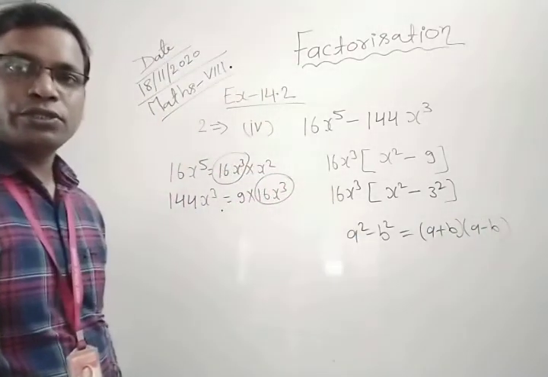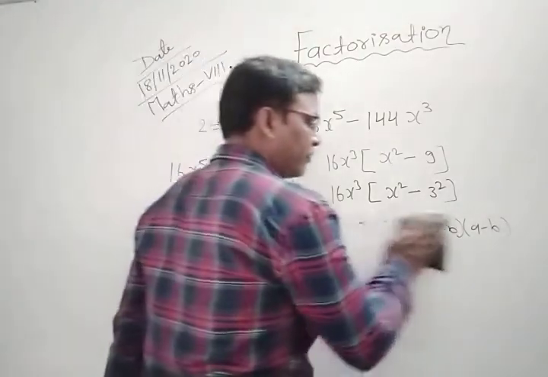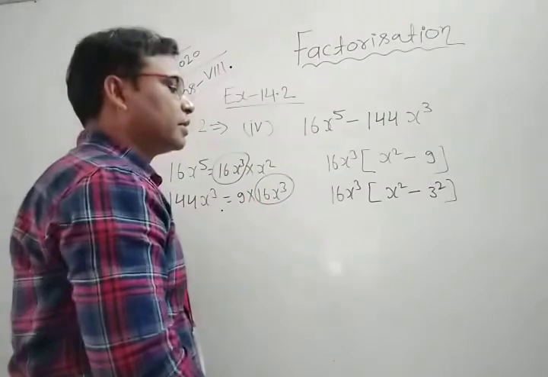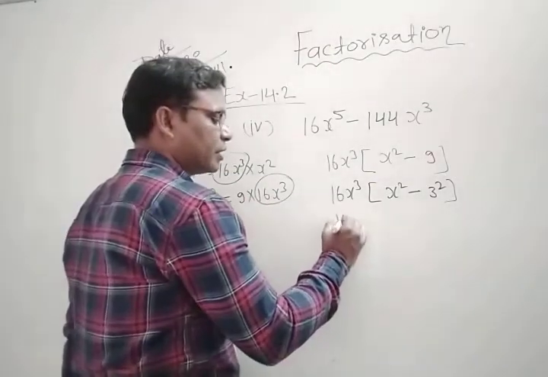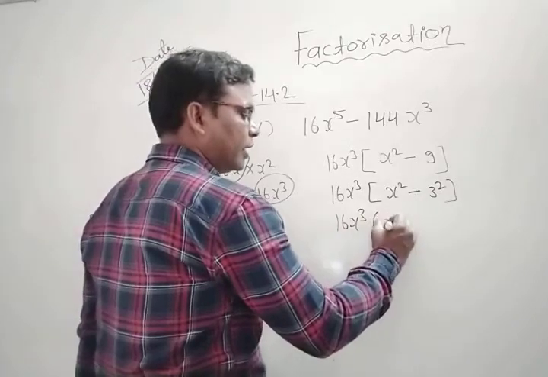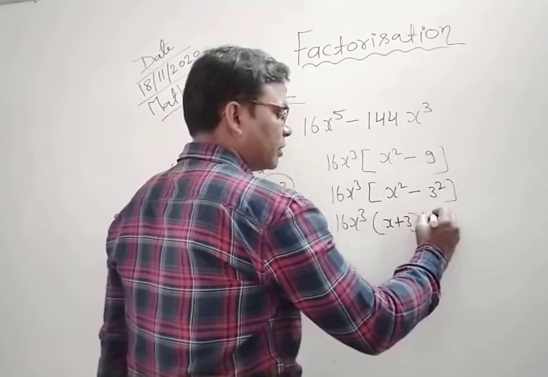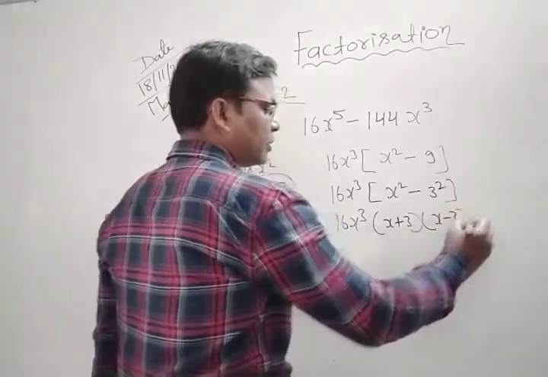Clear? So we can write it as 16x power 3 into (x plus 3) into (x minus 3). Clear?